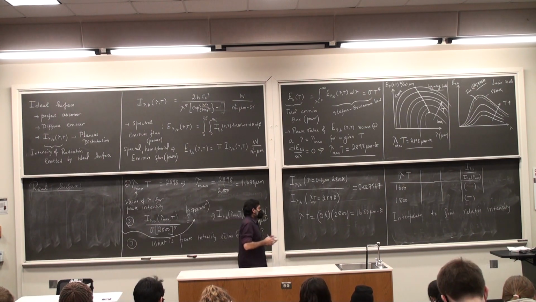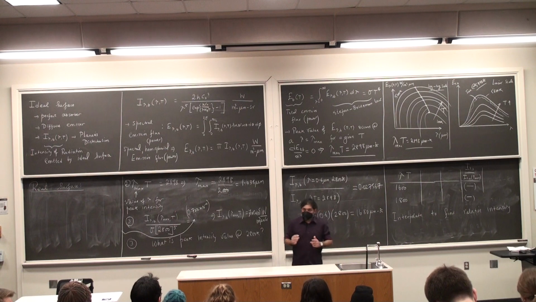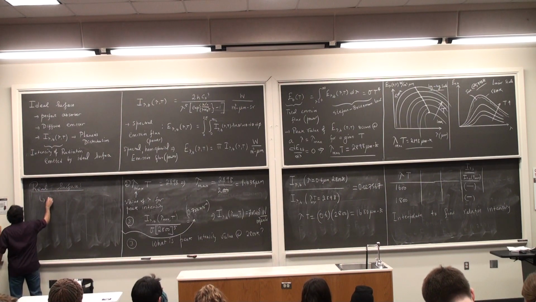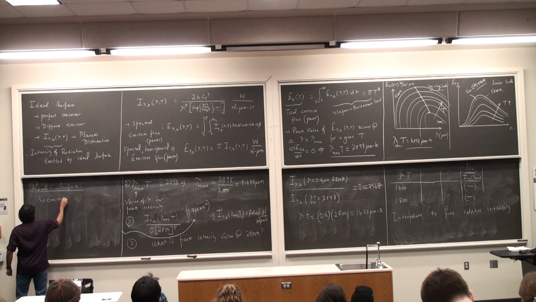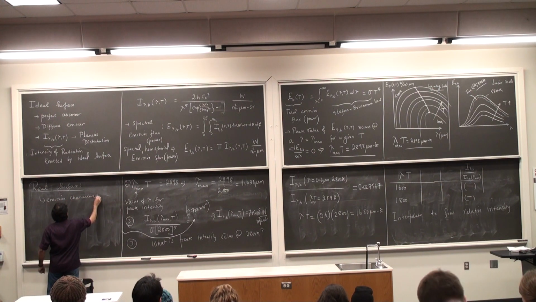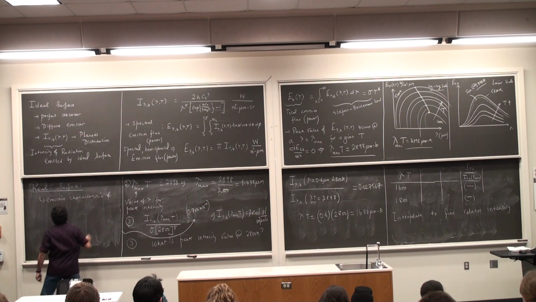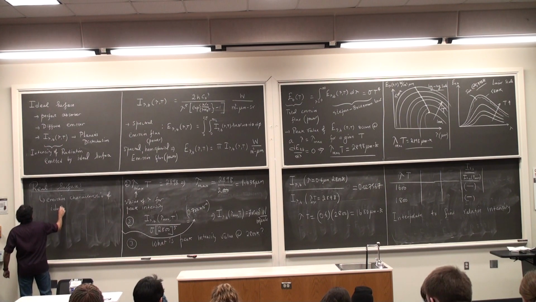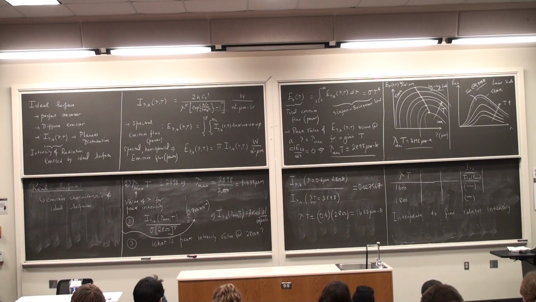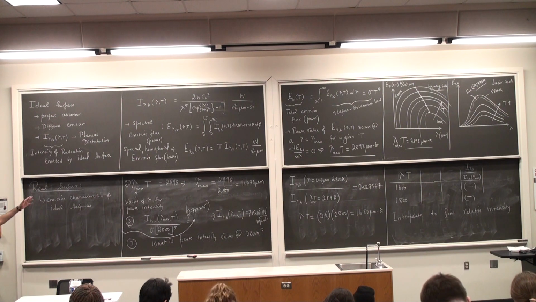I need the emissive characteristics of ideal surfaces, which we already know from Planck's distribution and all of these formulas that you've seen, that entire first set of panels out there.